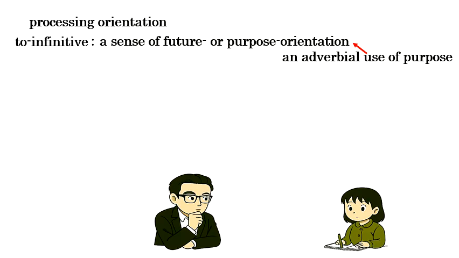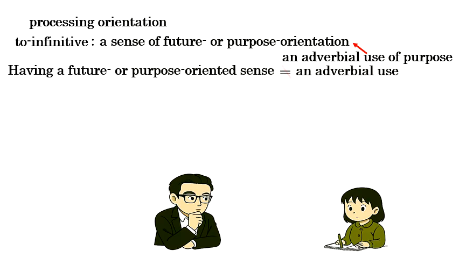Not quite. There's a small leap in reasoning there. Having a future, or purpose-oriented sense doesn't automatically make it an adverbial use. It doesn't. The ideas of future-oriented and purpose-oriented are matters of cognitive interpretation, not of form.